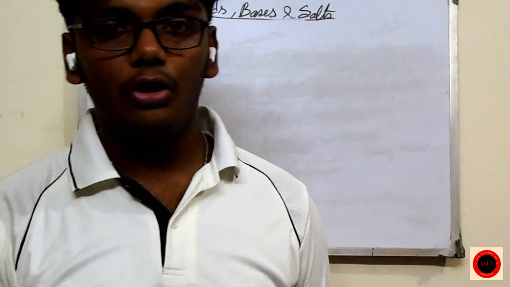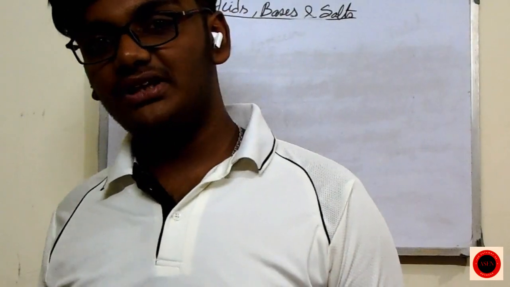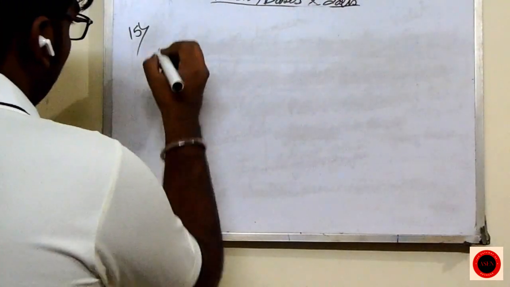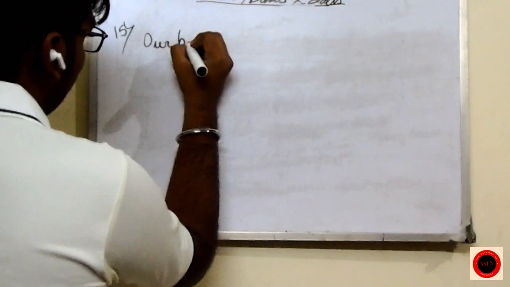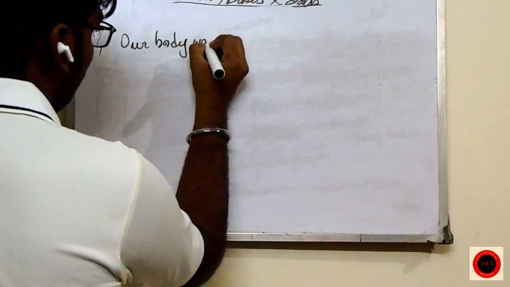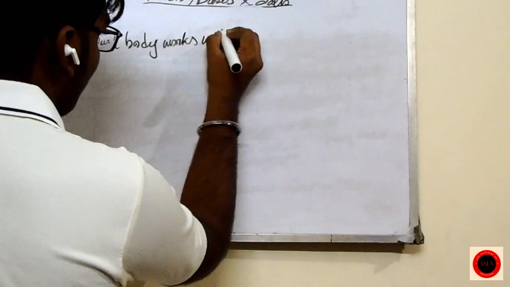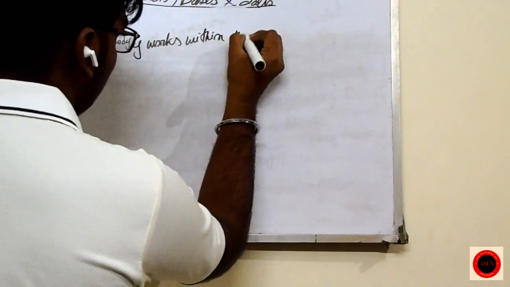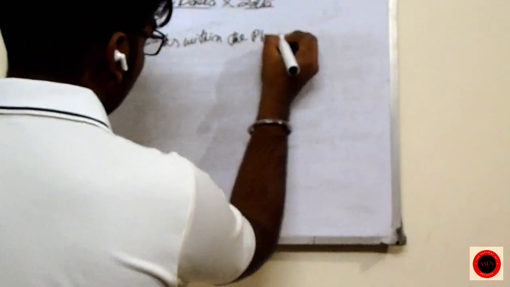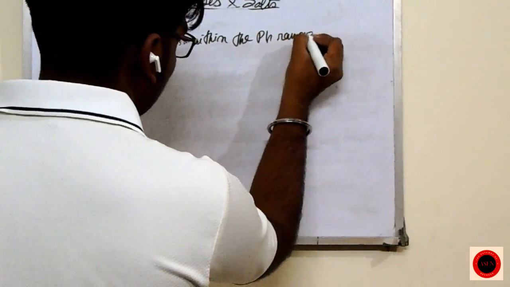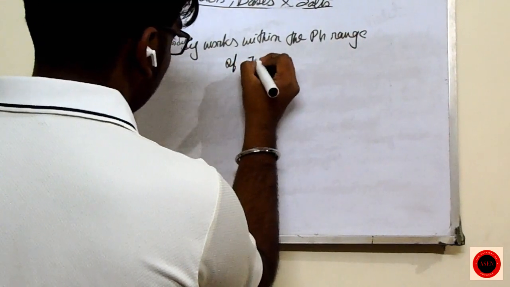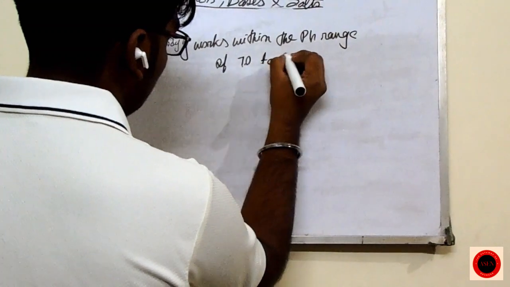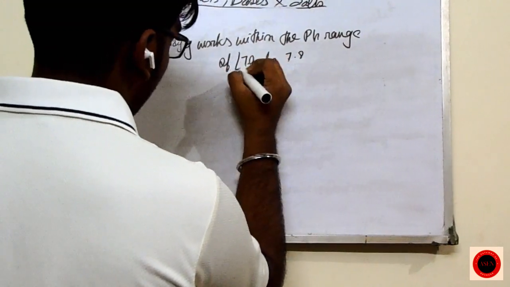So our body automatically works within the pH range of 7.0 to 7.8. Okay, it is neither basic nor acidic.